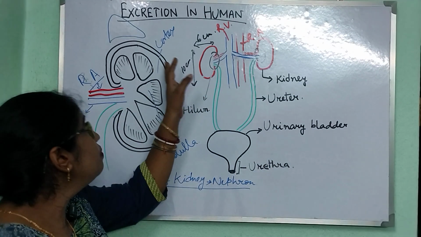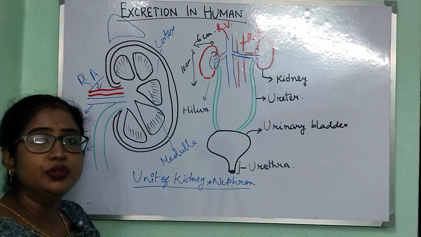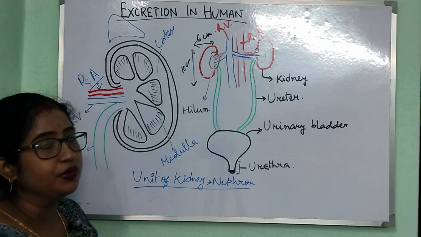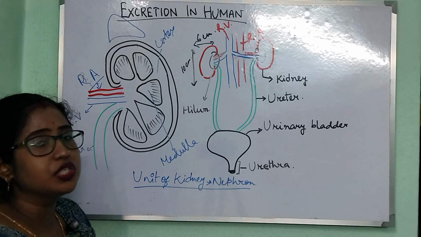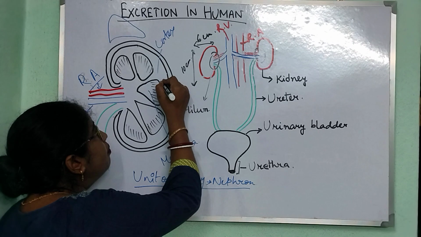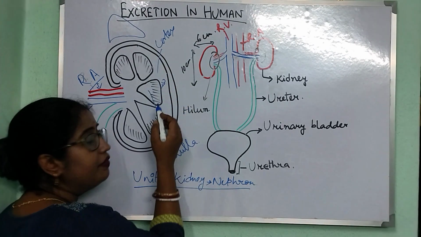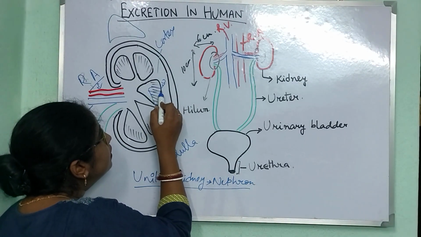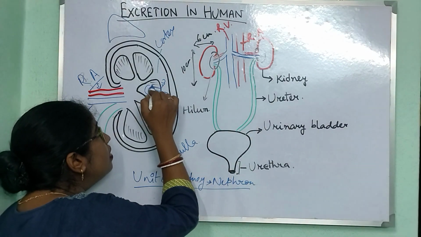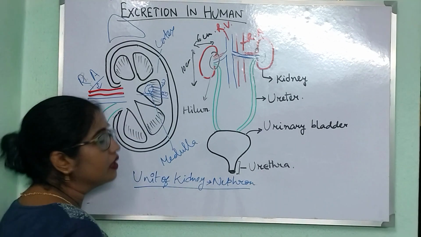But I would like to mention that the cortex part contains the Malpighian tubule, the proximal convoluted tubule, and the distal convoluted tubule. But the medulla portion contains the loop of Henle along with the collecting duct.